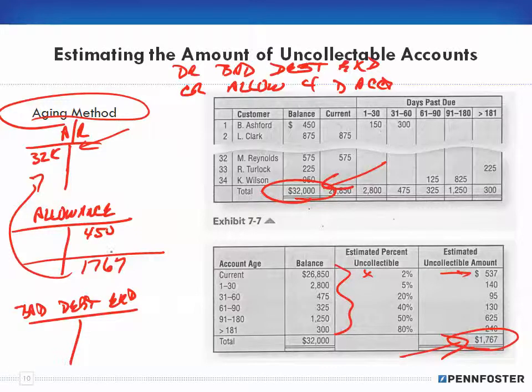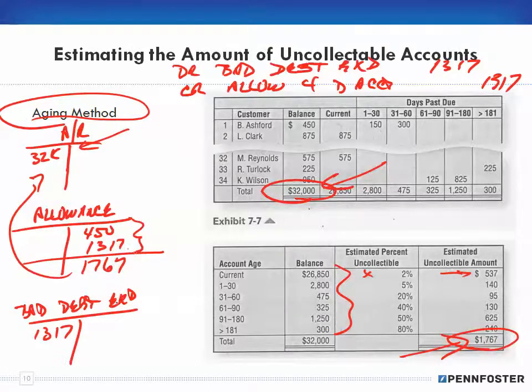So the difference between those two numbers, which is $1,317, that's going to be the amount that I'm going to use as part of my adjusting journal entry so that I write it off to bad debt. So I'm not writing off the full 1,767. I'm writing off only 1,317.